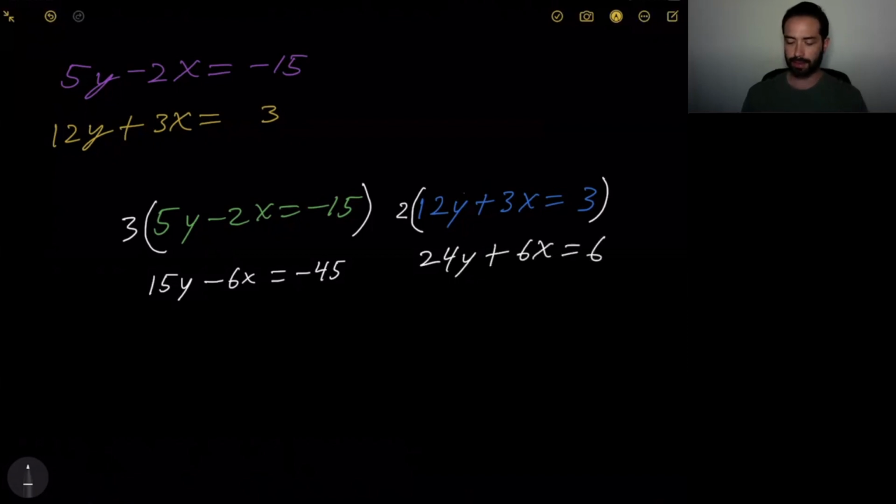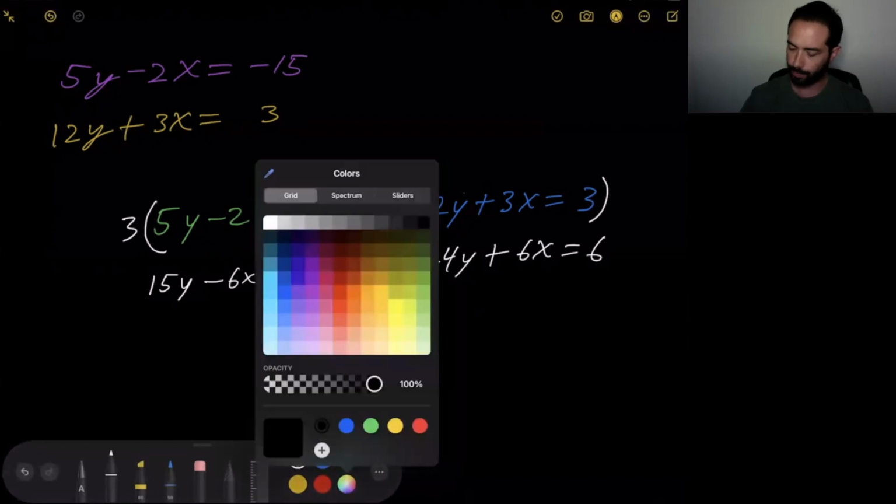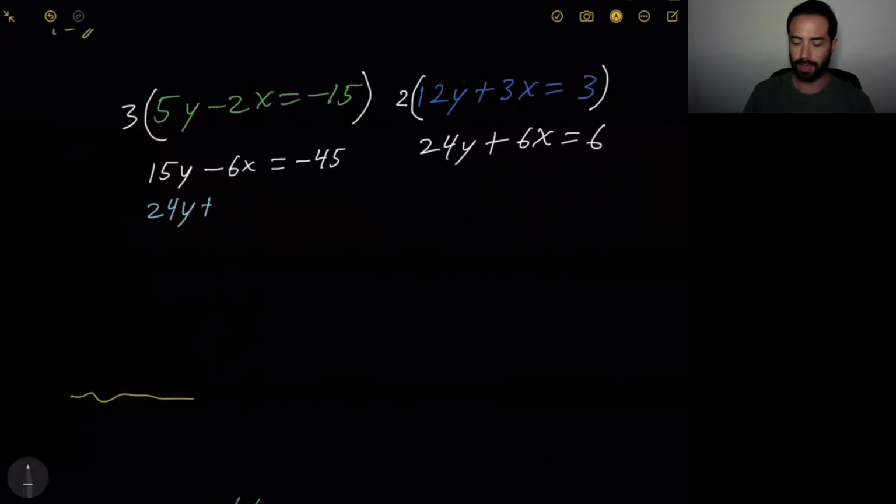All right, so now I'm going to put these equations together on top of each other. Here we go. 24y plus 6x equals 6.